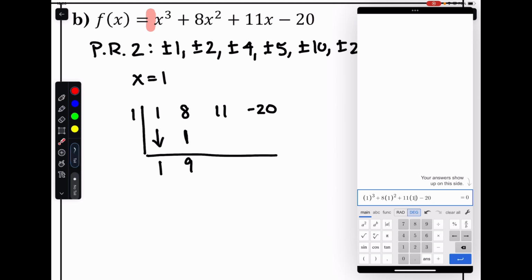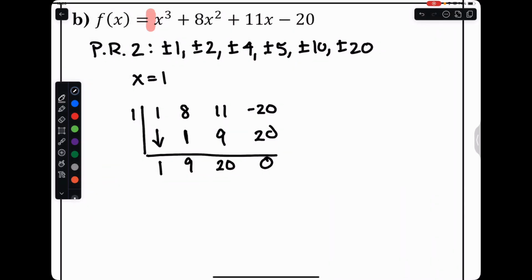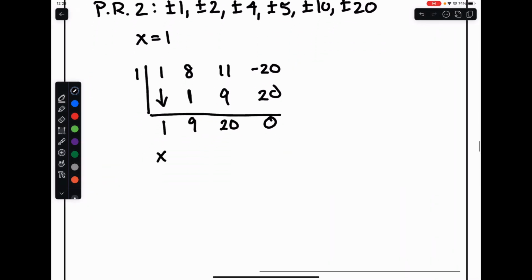I now multiply this 9 with our 1, which is 9, and I now add that to 11, and I multiply that 20 with this 1, which will be positive 20, and that adds up with the negative 20 to give us again a remainder of 0, just like we were supposed to according to our calculation of plugging in 1 into our value there, okay? So far so good. Let me put this away. I don't need this anymore. And now we have x squared plus 9x plus 20 equals 0.